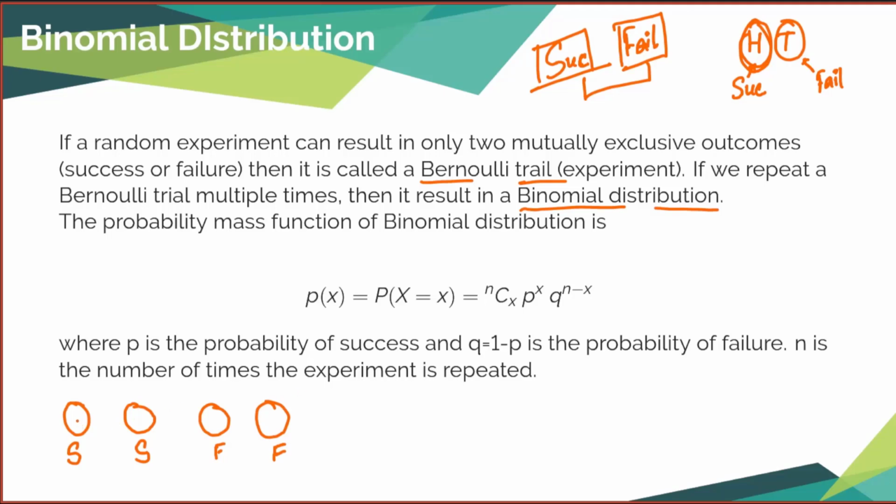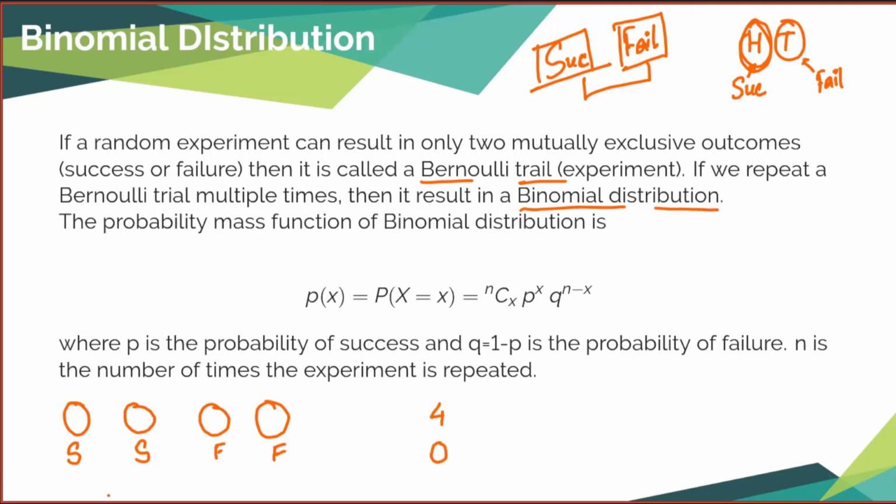So what is the maximum number of successes I can get here? I can succeed in all of them, right? So the maximum number of successes is 4. What is the minimum number of successes I can get? I can get tail in all of them, and I can fail, and I can get 0 successes, right?